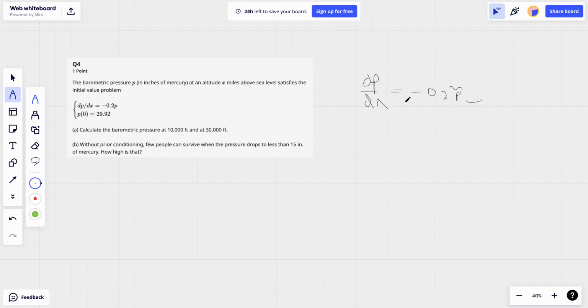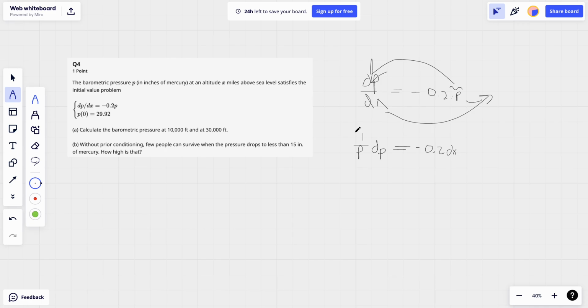Here we can separate this differential equation by moving this dx to this side and moving this p to that side and integrate. So what we're left with is 1 over p dp is equal to negative 0.2 dx.